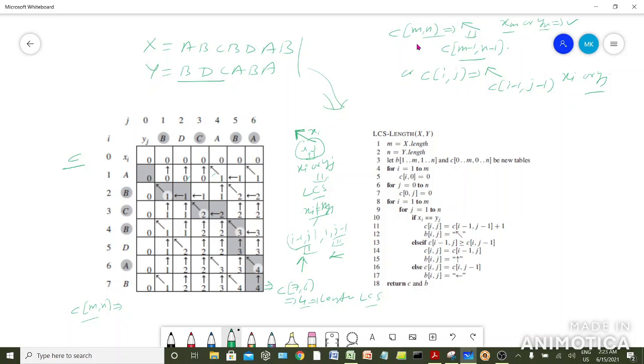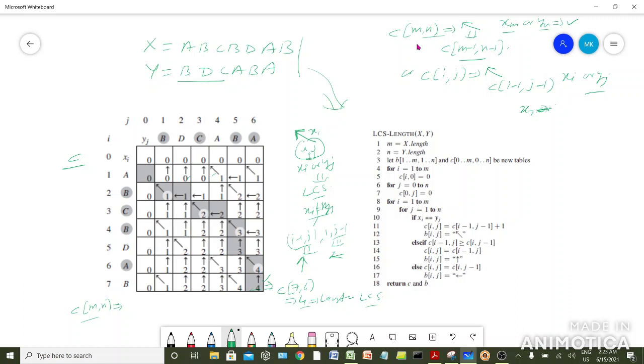So by chance, in this case the arrow is not diagonal, it means x7 was not included. X7 is not there in your LCS, longest common subsequence.